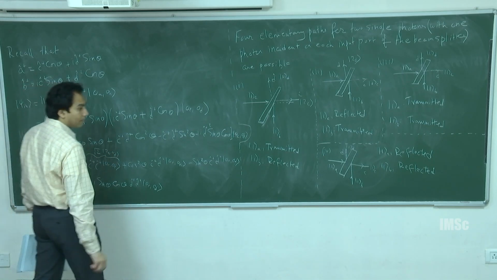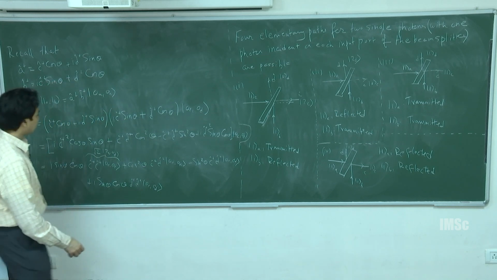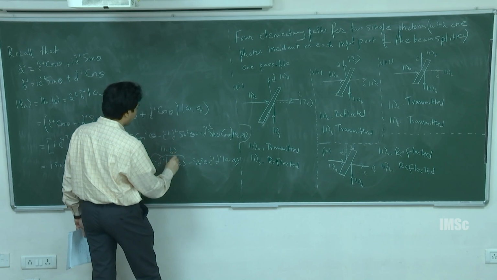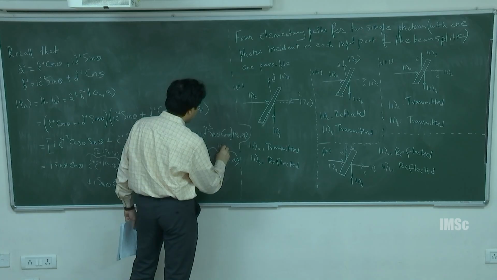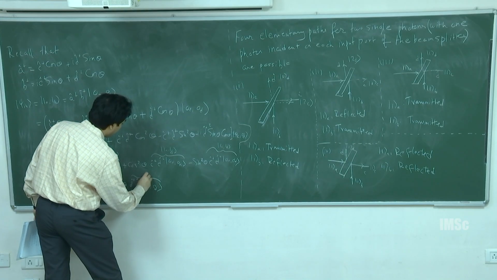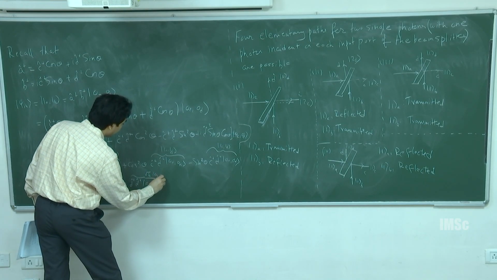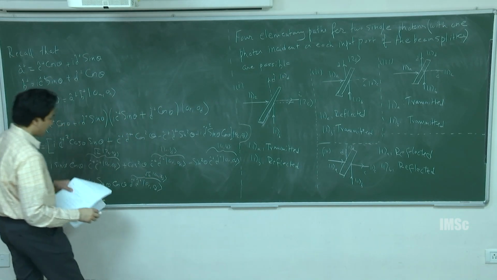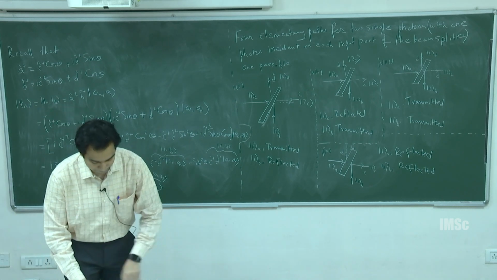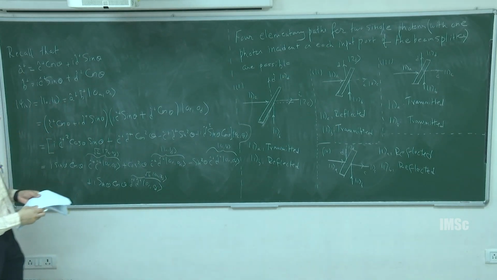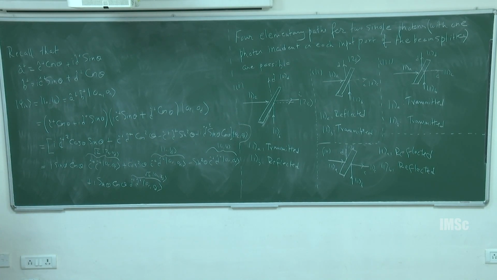So 2 photons are created in mode C and nothing in mode D. One in mode C, one in mode D. One in mode C, one in mode D. Nothing in mode C, 2 in mode D. Okay. So this is psi out.